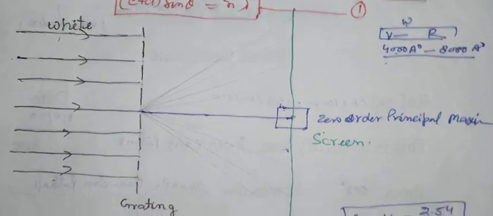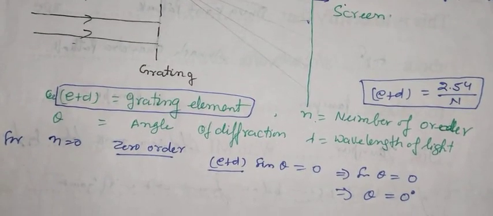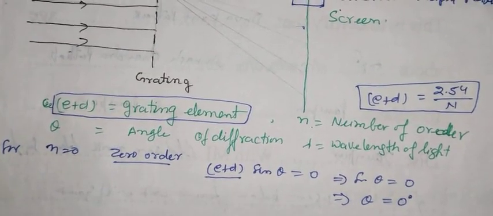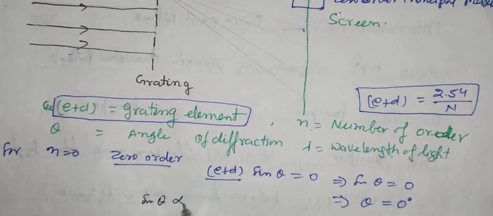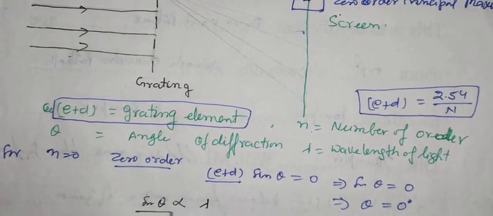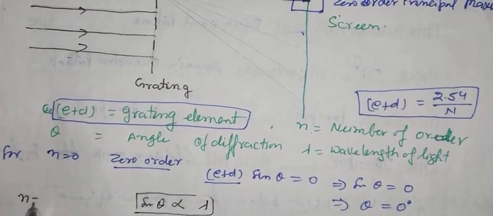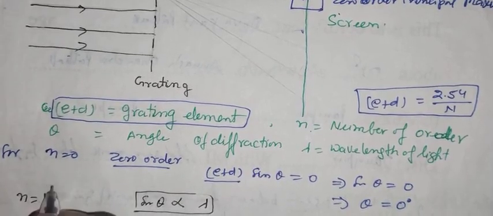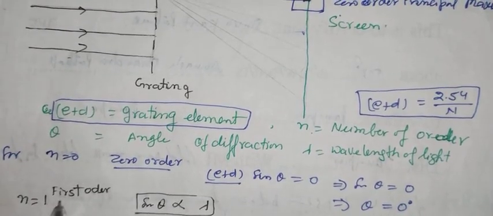Now see here in the diagram once more. In equation number 1, the sine of the angle of diffraction is directly proportional to the wavelength if n is a constant. If we take the first order, n = 1, that is called the first order principal maxima.